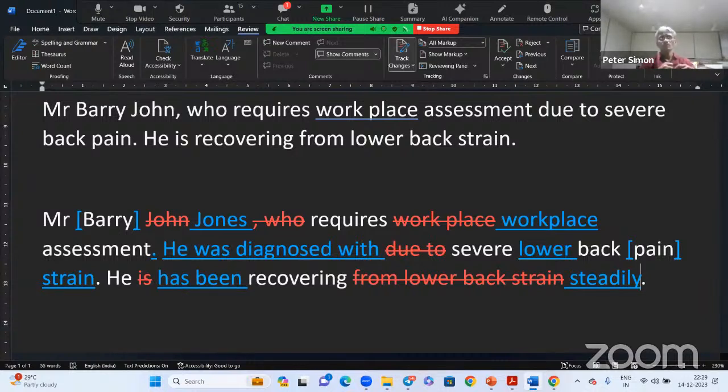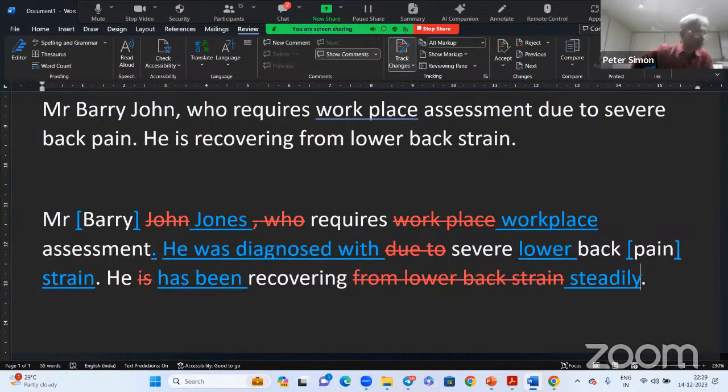Okay. Mr. Jones, who was diagnosed with a severe lower back strain, has been recuperating steadily. Then he requires workplace assessment and what else, what type of work he can do and what type of work he cannot do.